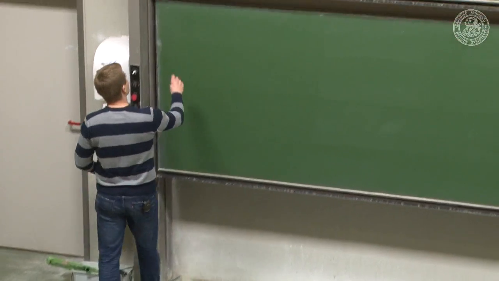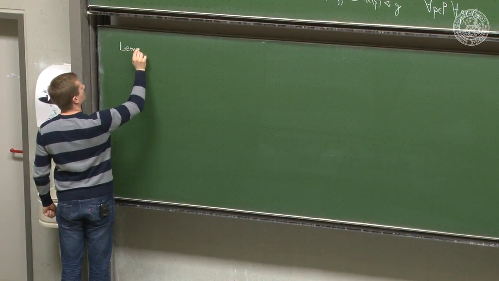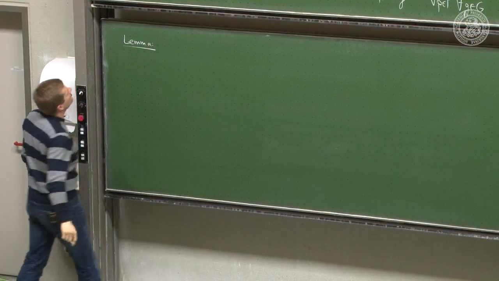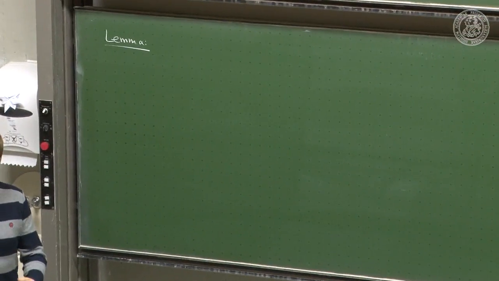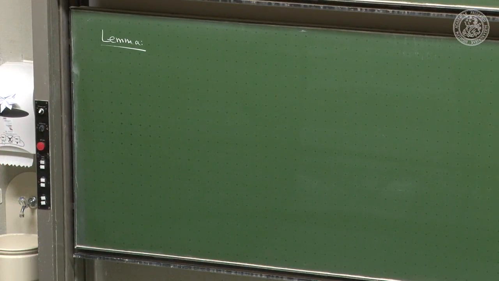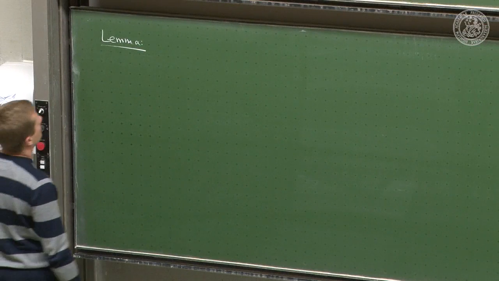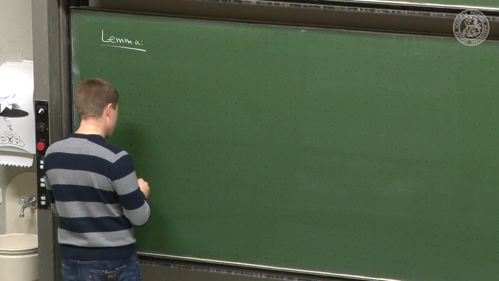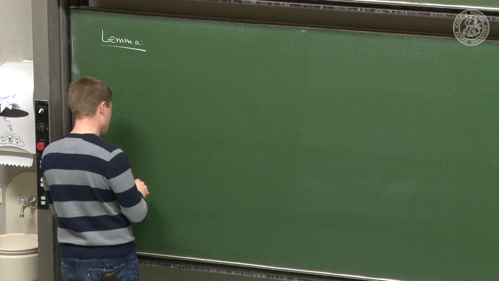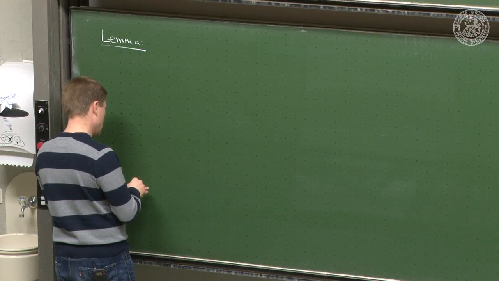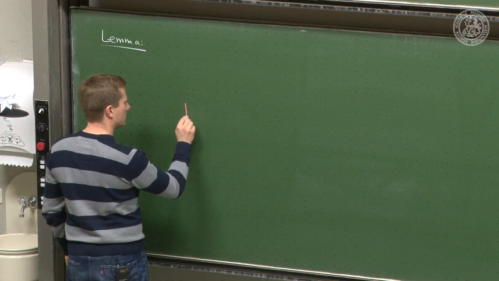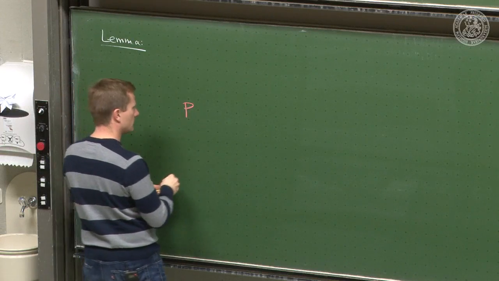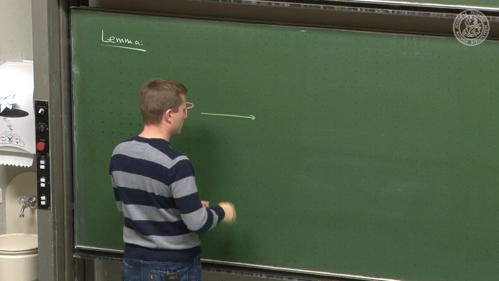So I have a little lemma. Principal bundle maps are a stronger notion than a bundle map, and a consequence of this stronger notion is expressed in the following diagram: P to P prime.